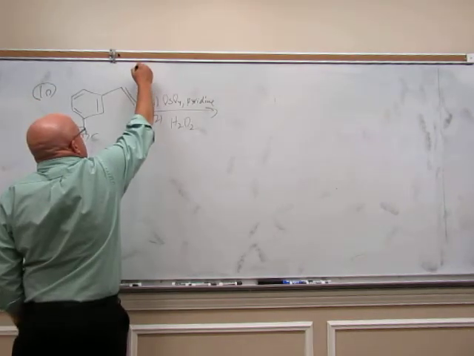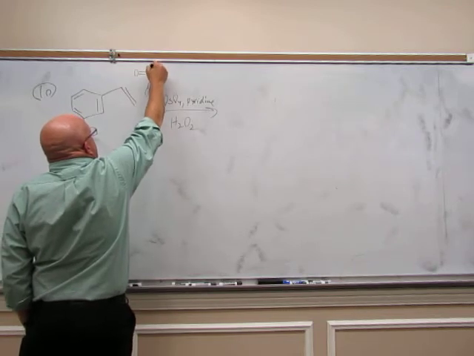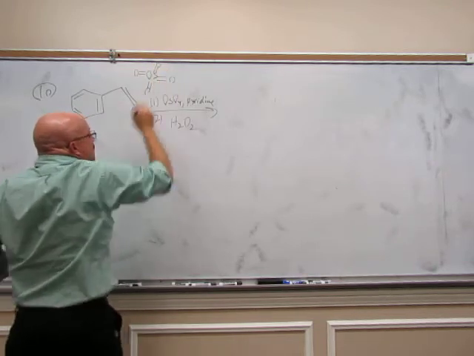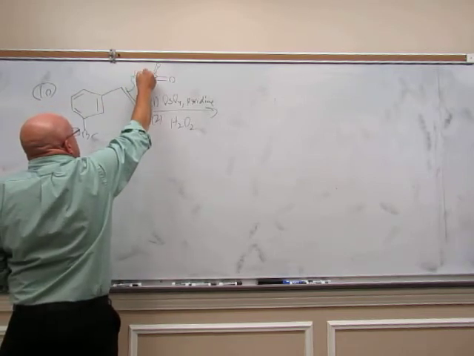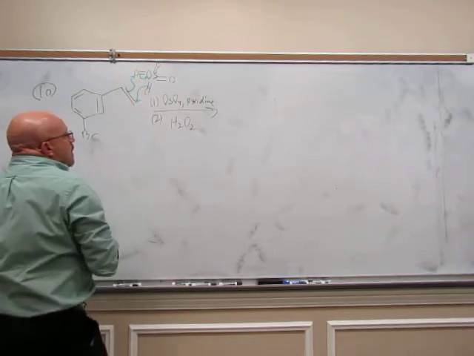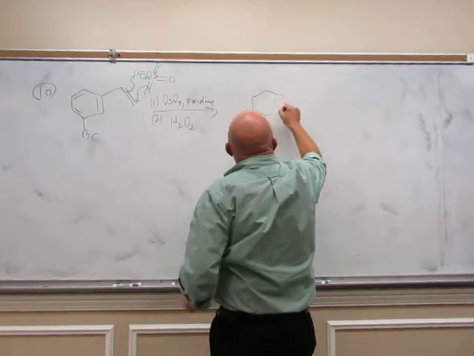So the osmium tetroxide, that's going to react and add across the double bond. And then the hydrogen peroxide will break that apart.